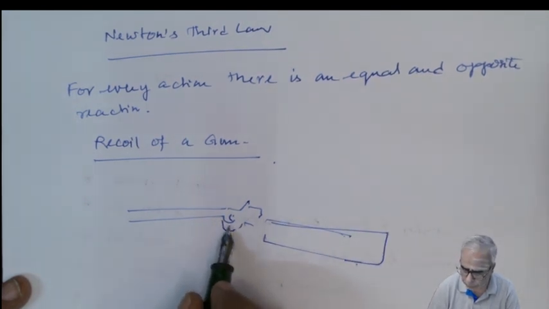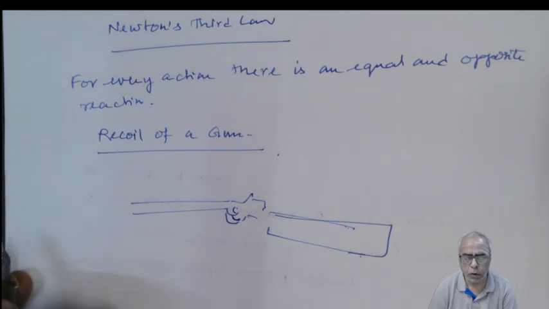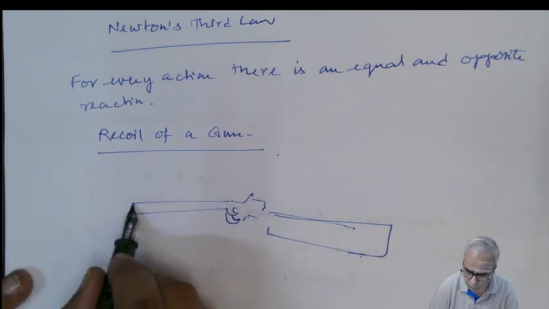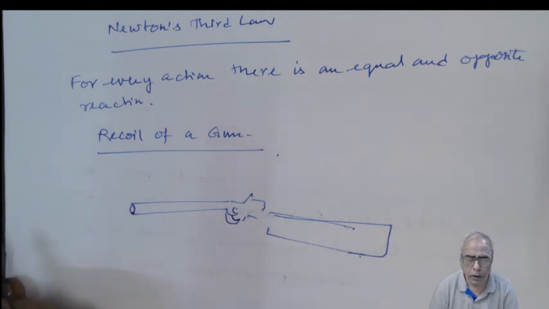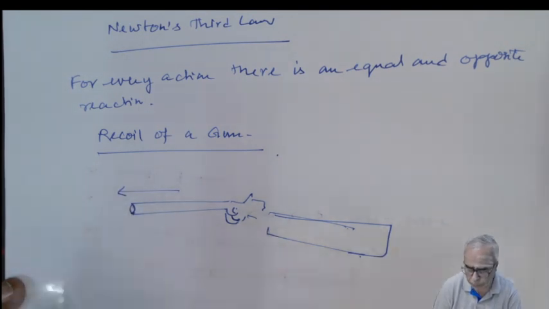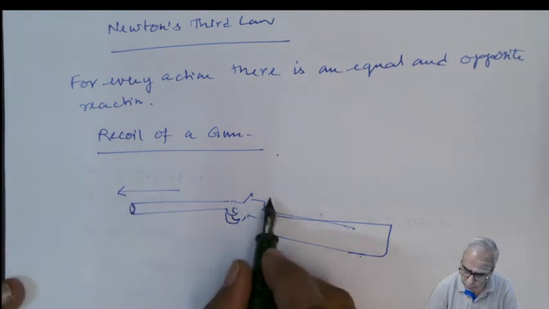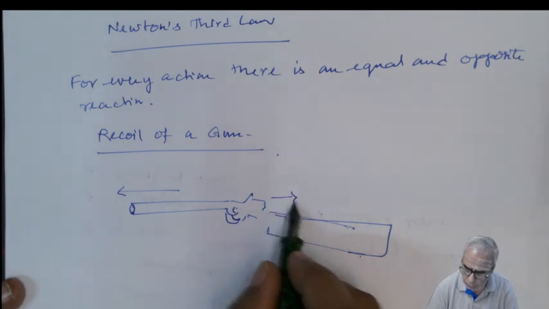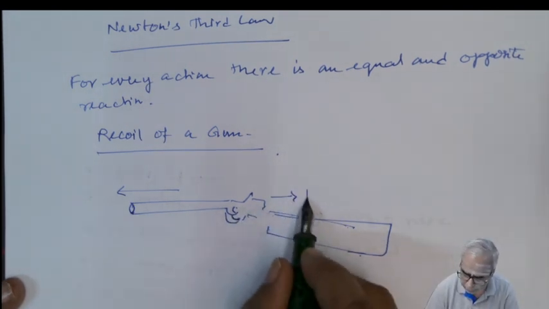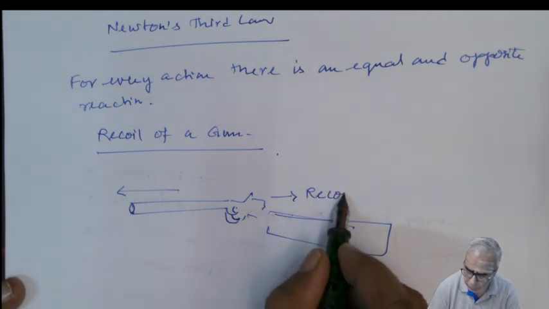So here you have the trigger. Now the bullet is accelerating in this direction, and you can experience the reverse force, that is the recoil of the gun. This is called recoil of gun.